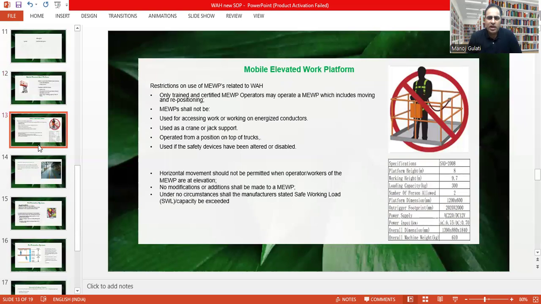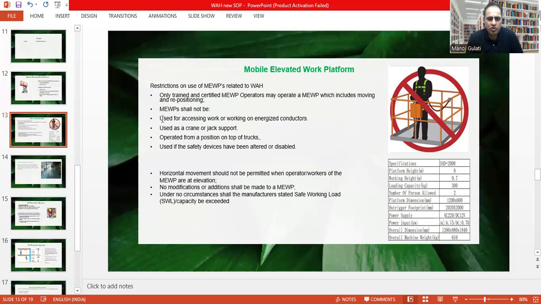But there are certain restrictions for using MEWP, and we should have a trained and certified MEWP operator. We prefer IPAF certified operators. IPAF is an agency which trains and certifies the operator for safe usage of these MEWP machines.